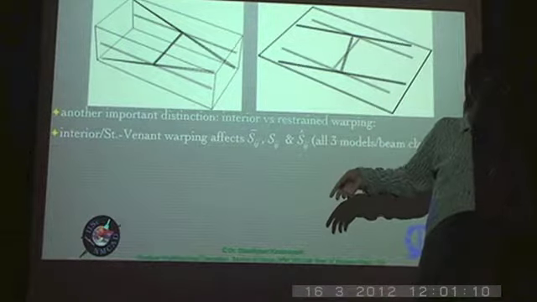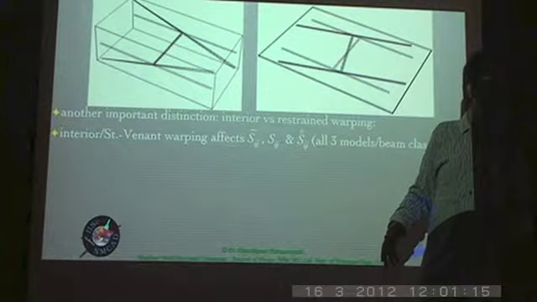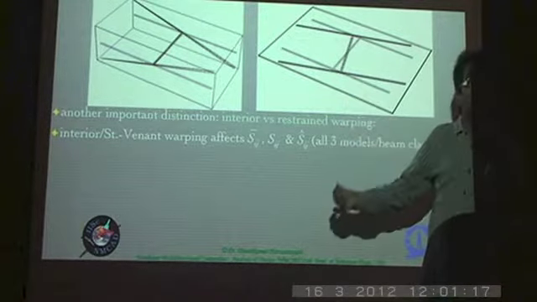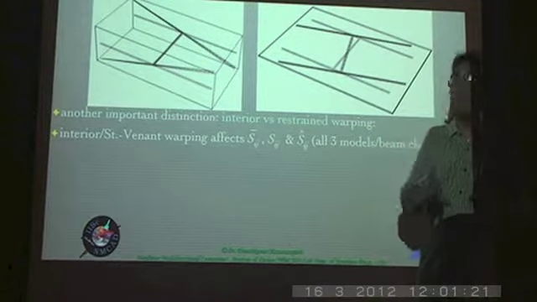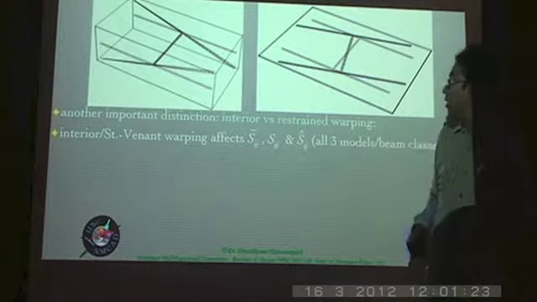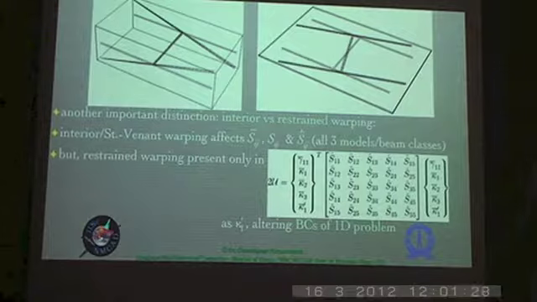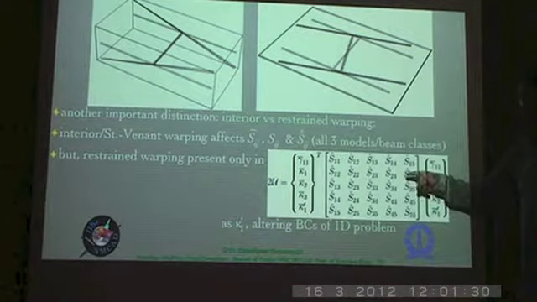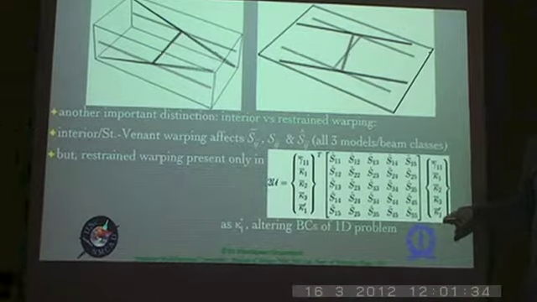You don't see in those 1D models that we saw on the previous slide any W's in any one of those three equations. So the information from W has gotten into the stiffness matrices. On the other hand, the restrained warping is present only in this particular last row and column here through the effect of kappa 1 prime.